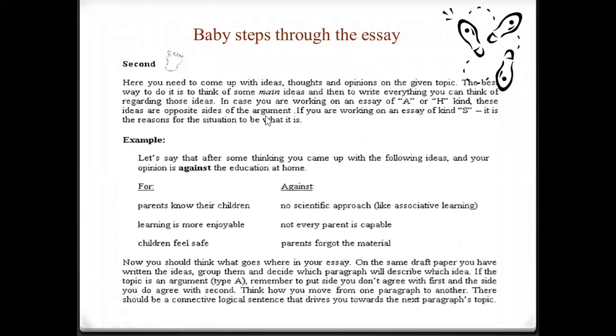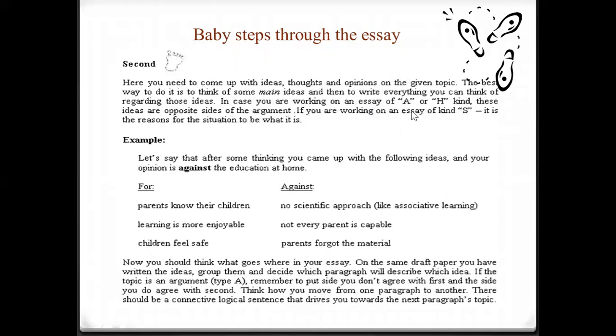The second, here you need to come up with ideas, thoughts, and opinions on the given topic. The best way to do it is to think of some main ideas and then to write everything you can think of regarding those ideas. In case you are working on an essay of argument or hidden argument, A or H kind, these ideas are opposite sides of the argument.